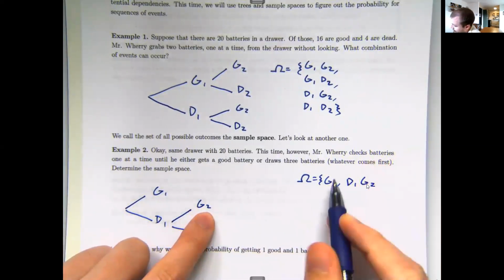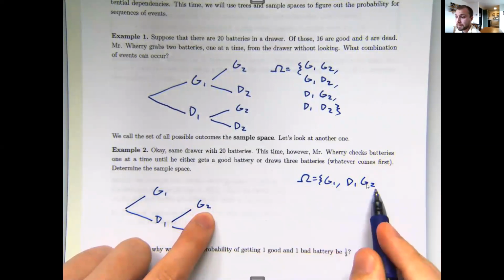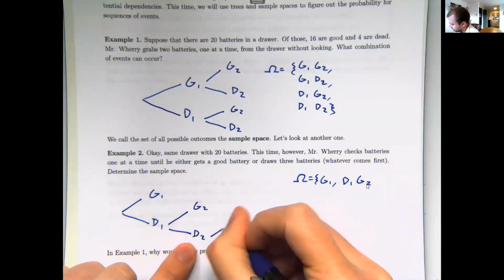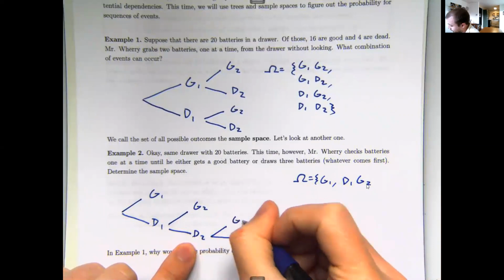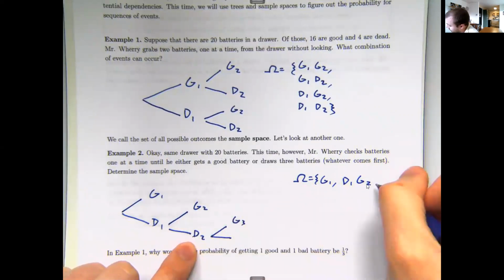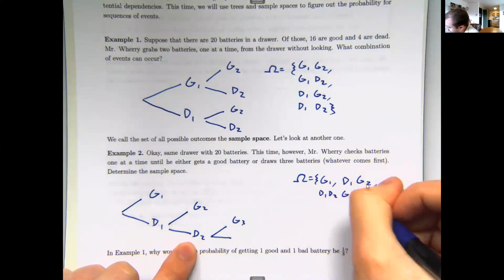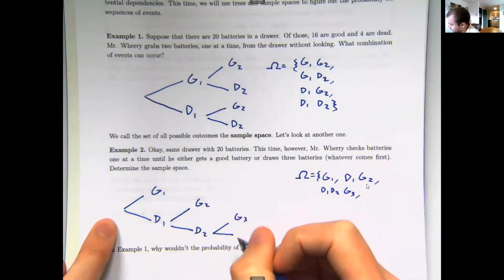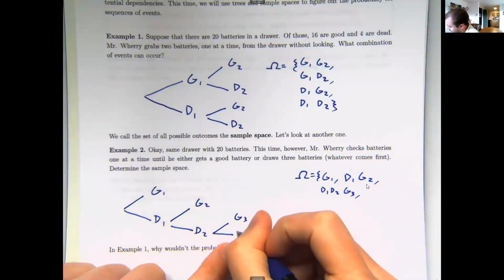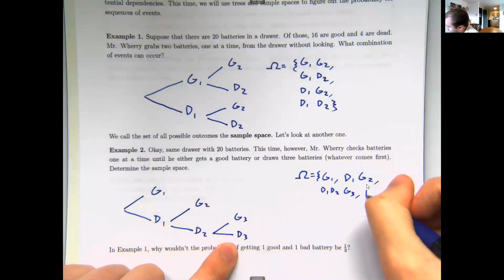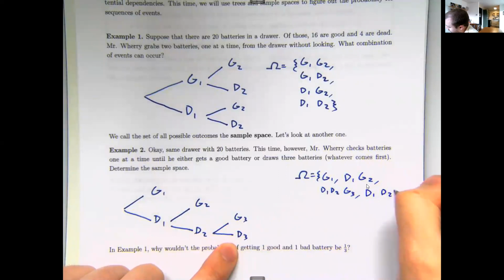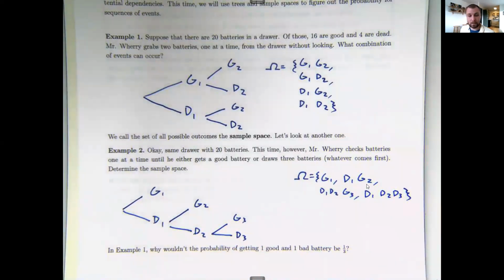So I could have good on the first. I could have good be the second battery. I can have good be the third battery, which means the first 2 were dead, but the third one works just fine. Or maybe dead, dead, dead. I have 3 dead batteries, and then I call it a day.